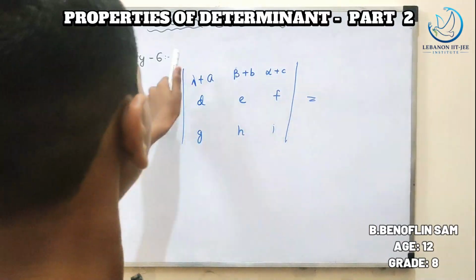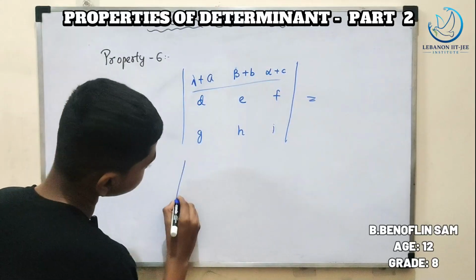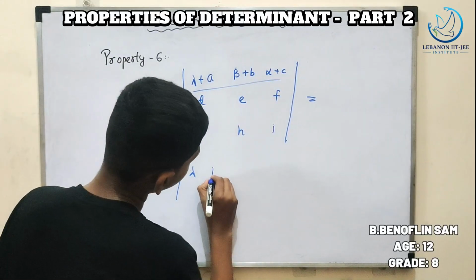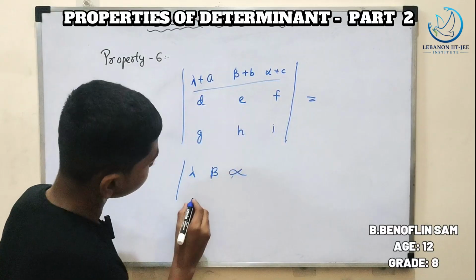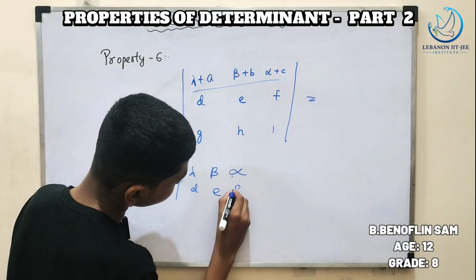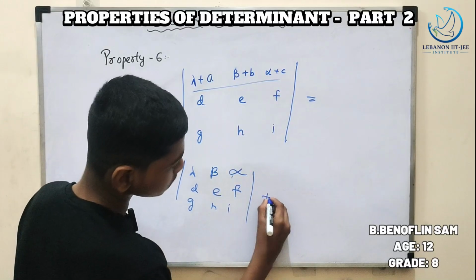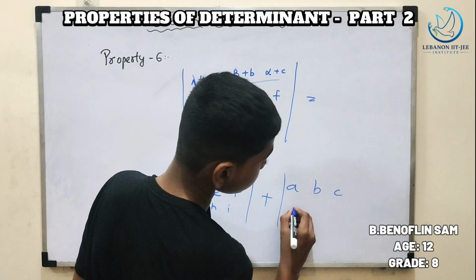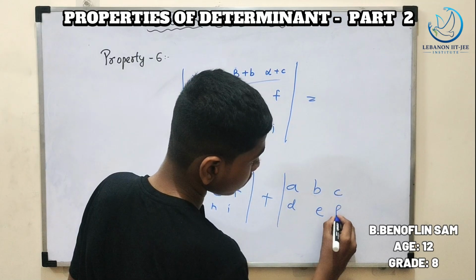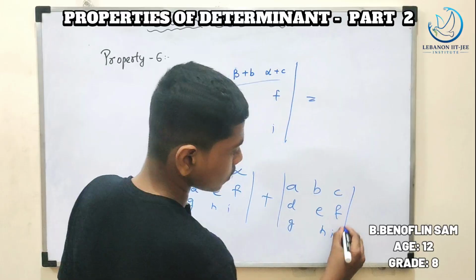In this sixth property, if they give this, we can write it as the determinant with lambda, beta, alpha, then d, e, f, g, h, i, plus the determinant with a, b, c, d, e, f, g, h, i.